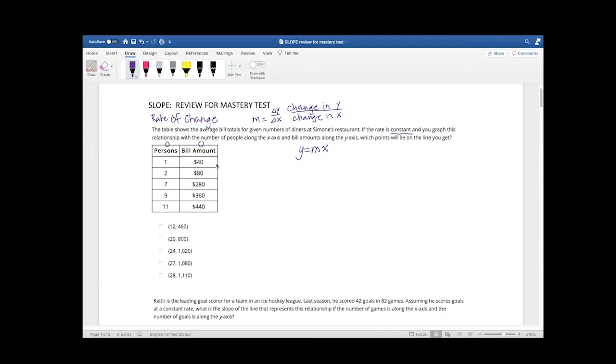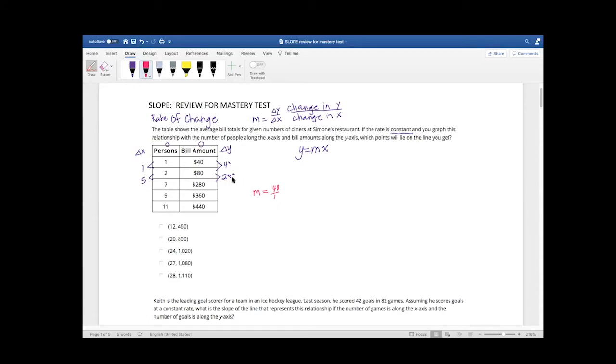So I can look at my change in y values. From 40 to 80, that is a change of 40. 80 to 200, that's a change of 200. Here's a change of 1, change of 5. I just need one set of the change in y over the change in x. For this table, my change in y was 40 over the change in x, which was 1.